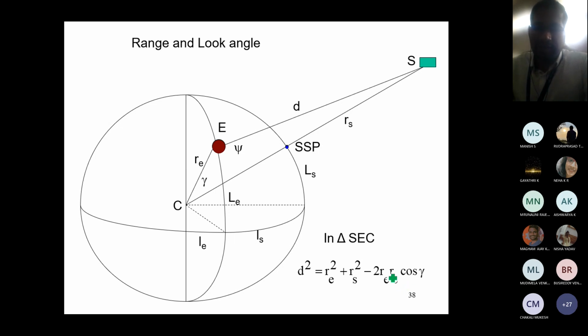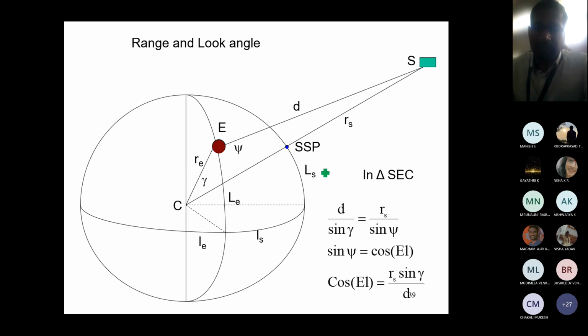Now we can also write in this triangle: any side of the triangle divided by the sine of the angle in front of that side is equal to any other side of that triangle divided by the sine of the angle in front of it.